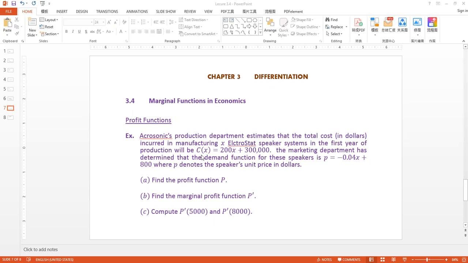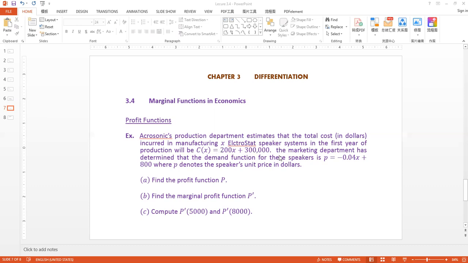So that's the total cost. It's denoted by C of x equals 200x plus $300,000. Okay, so x is the number of production, and so this gives the total cost for the year.